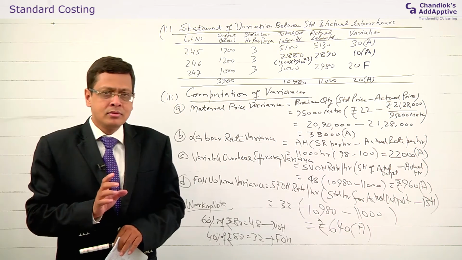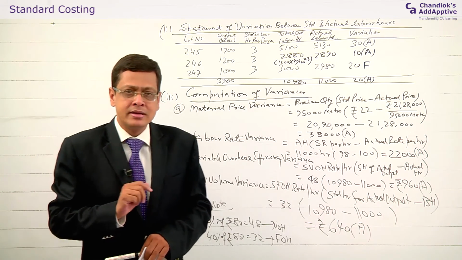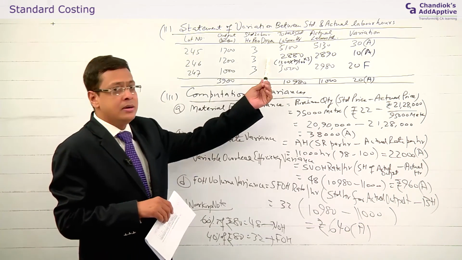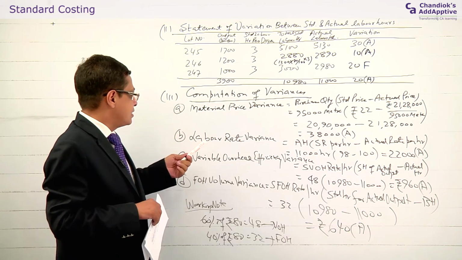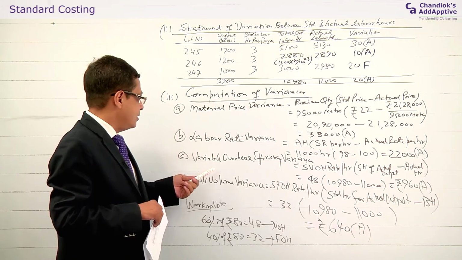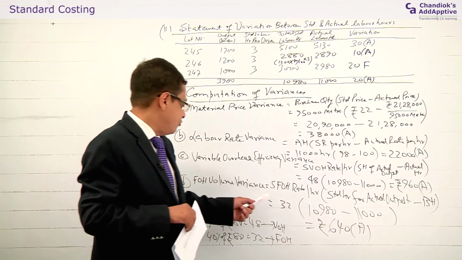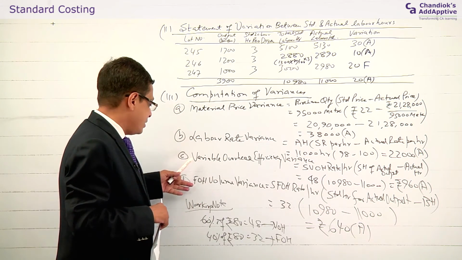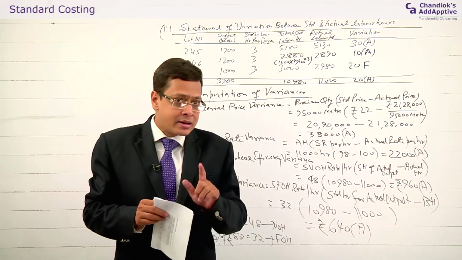You remember, we have found cost of production, material and labor, 3 points. Then we have the material price variance, labor rate variance, variable overhead efficiency variance, and fixed overhead volume variance. So, 7 points, and 1 point is the working note. So, 8 points are there.